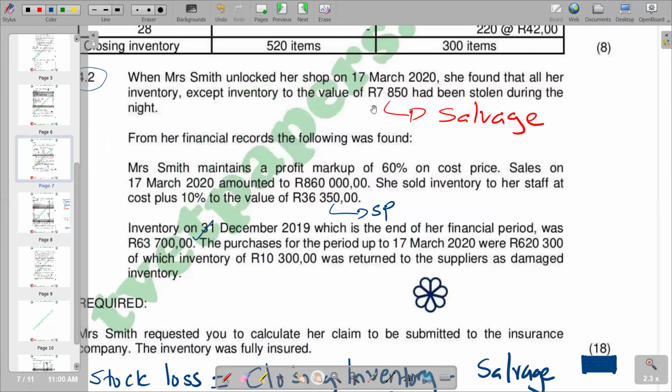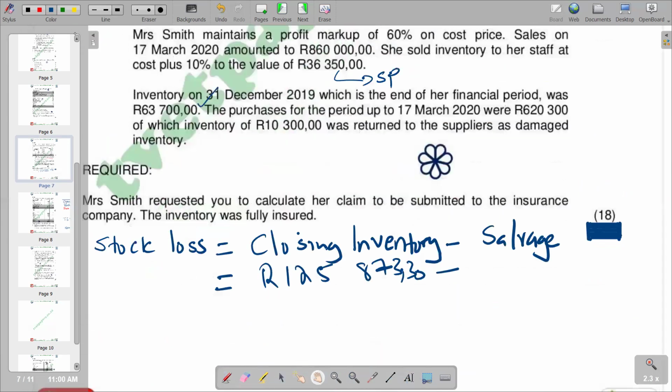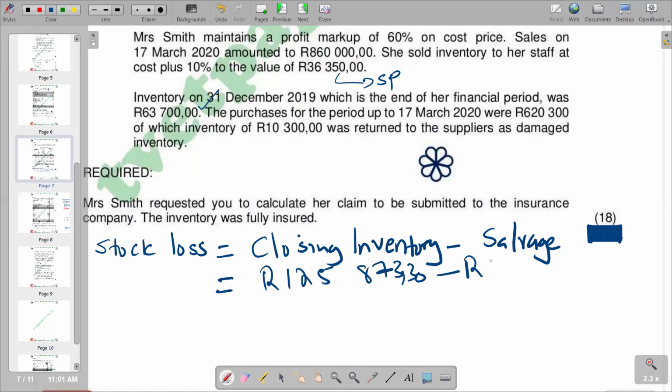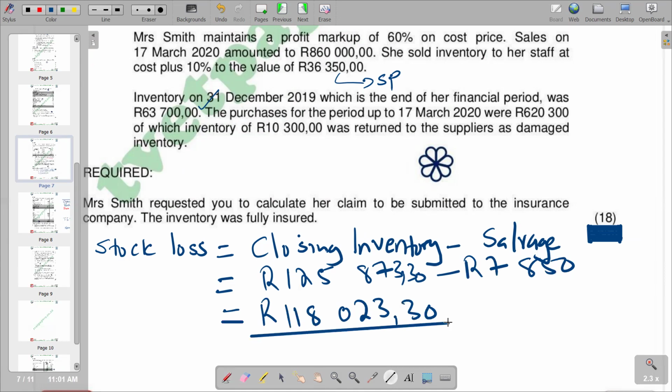And our salvage, we are given here, is the remaining inventory after the theft, which is 7,850. Then subtract, you're going to get your answer, 118,023 rands 36. So this is going to be your claim of stock loss, 118,023 rands 36. So basically, this is what we have, guys, according to this video.